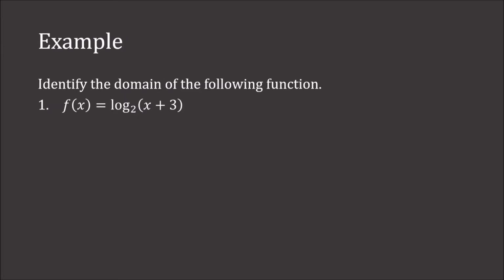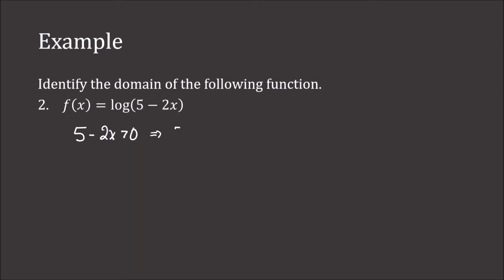So let's identify the domain. For the domain of log base 2, whatever you're taking the log of has to be larger than 0. So this means x would have to be larger than -3, and so our domain is -3 to infinity. And whatever we're taking the log of, it does not matter the base, it has to be larger than 0.